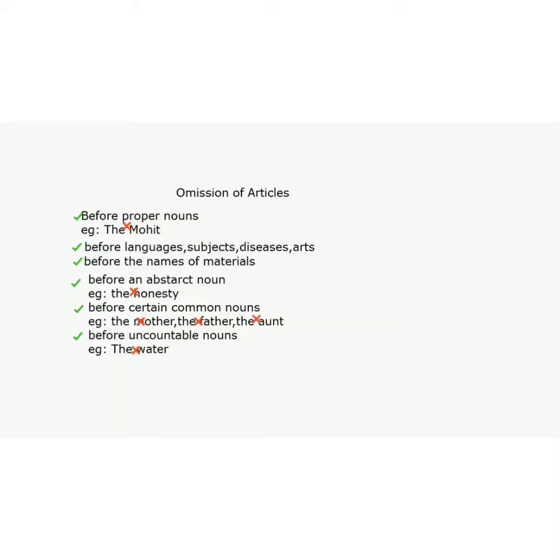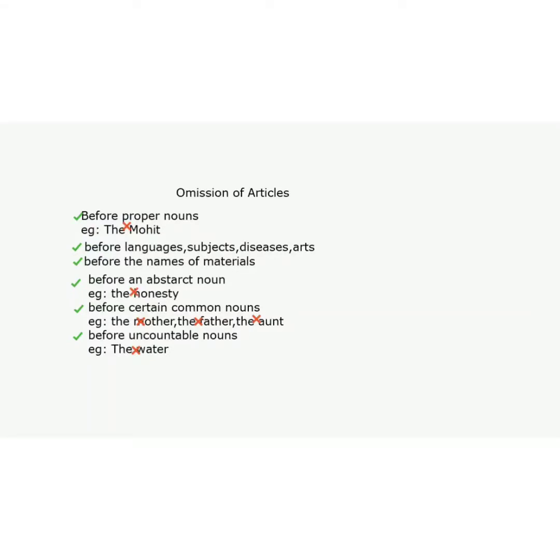Next, whenever we are talking about languages or subjects or diseases or arts, we will not use the. I will not say that Rohan is studying the English. No. Next, whenever we are talking about the names of materials. Next, before an abstract noun, we will not use the. The honesty is the best policy. Wrong. This is not correct.